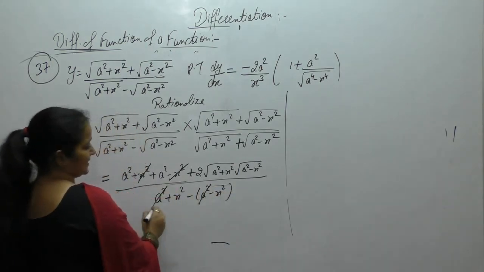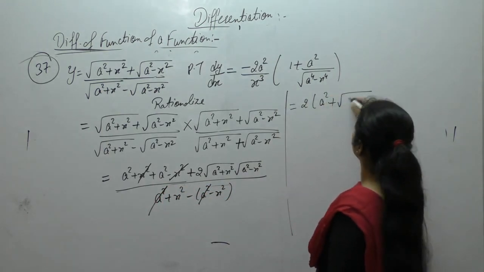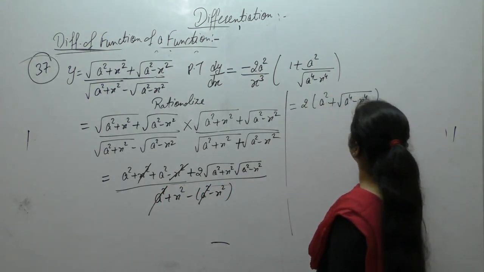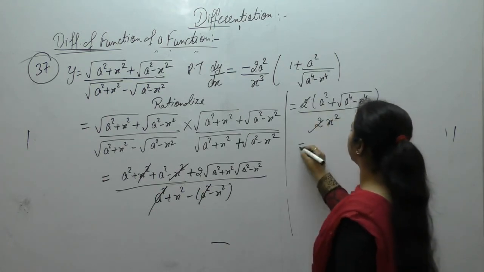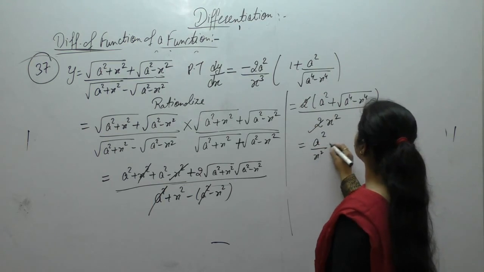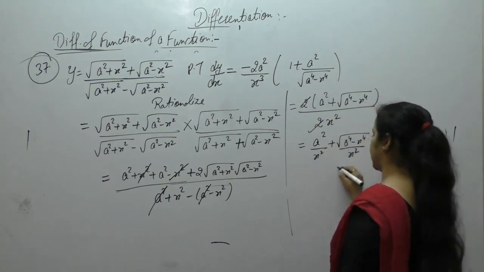The a square will get cancelled. 2x square, 2 is common. a4 minus x4 upon 2x square. So we get a square upon x square plus square root of a4 minus x4 upon x square.